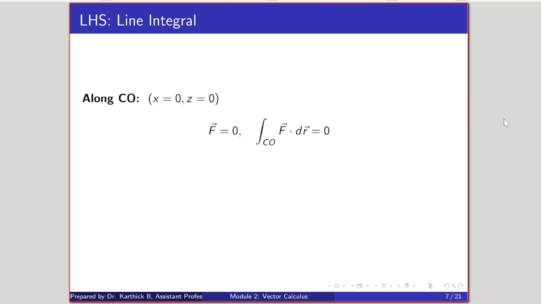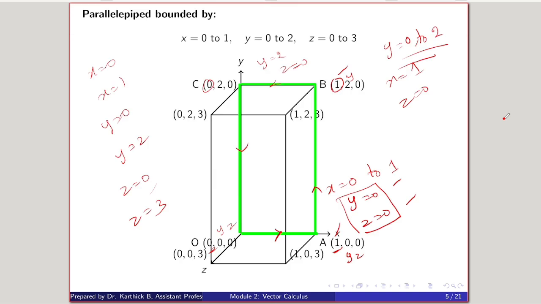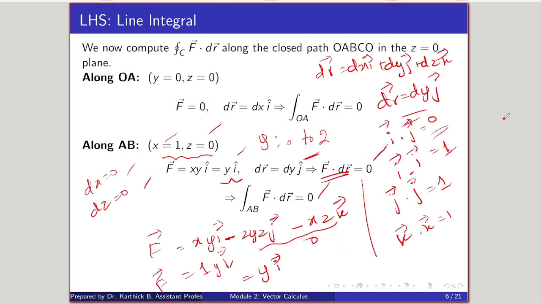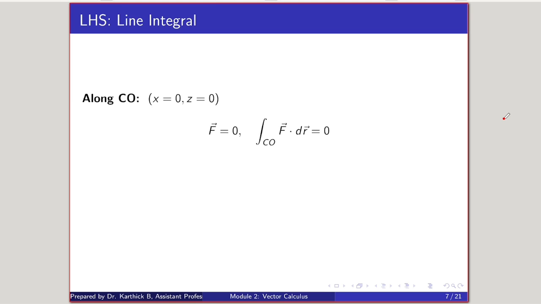And the next step, while we are going for CO, if you see the graph, here x is a fixed value, x equal to 0. Z is also fixed. Y varies from 2 to 0. Other than that, x is also 0, z is also 0.